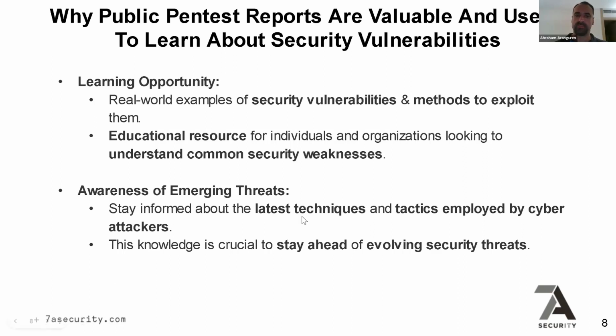You can also see emerging threats, right? If there's some type of specific vulnerability that is new and starts happening more and more, you can see about that. For example, we've done a lot of public Pentest reports with supply chain analysis. A lot of projects have been hacked, not because of a vulnerability in the project, but because of a supply chain attack against an open source project.